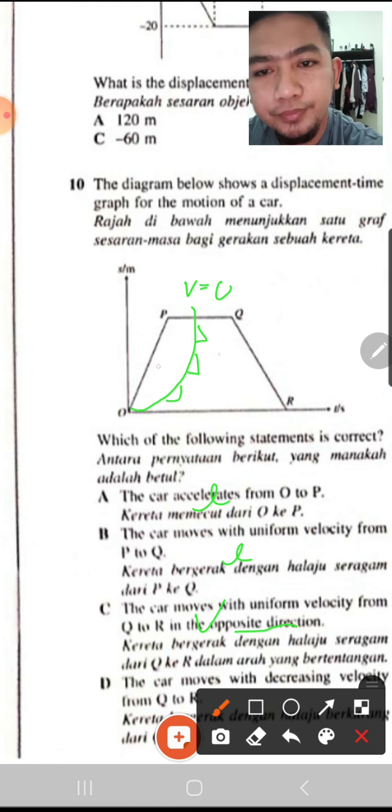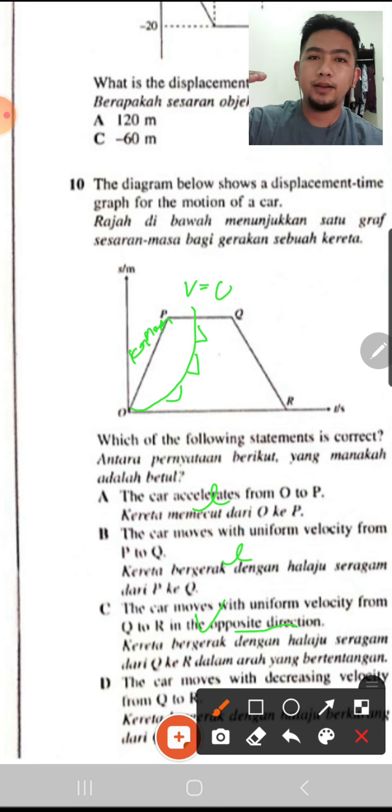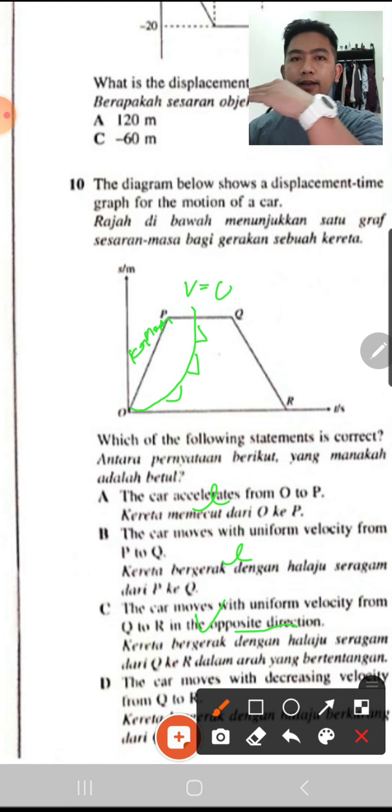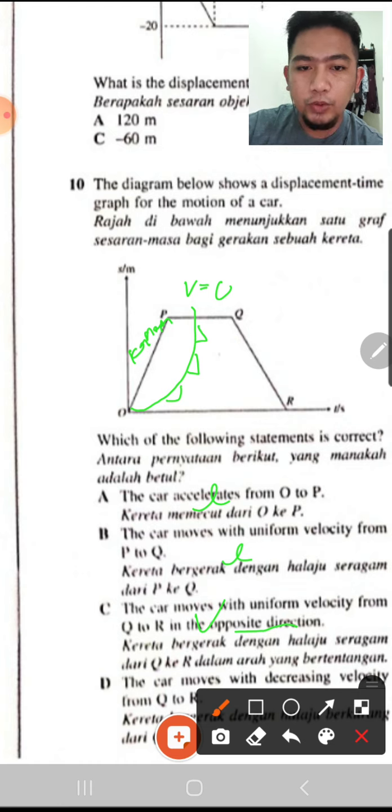Okay, let's say O to P, it goes right. Okay, it goes right. And then it stops at P until Q. And then from Q to R, it turns back. Okay, opposite direction until it reaches point R. That's why C is correct, with uniform velocity.